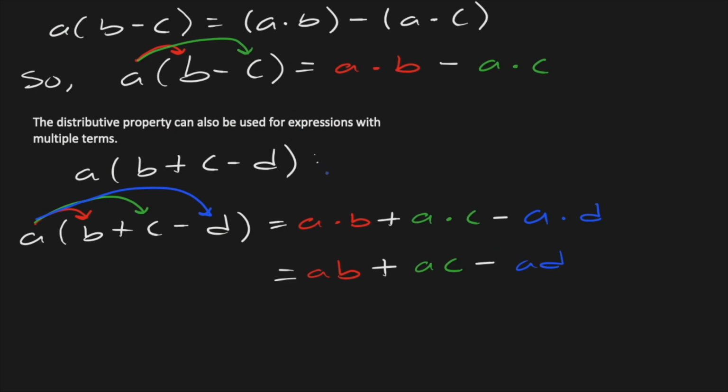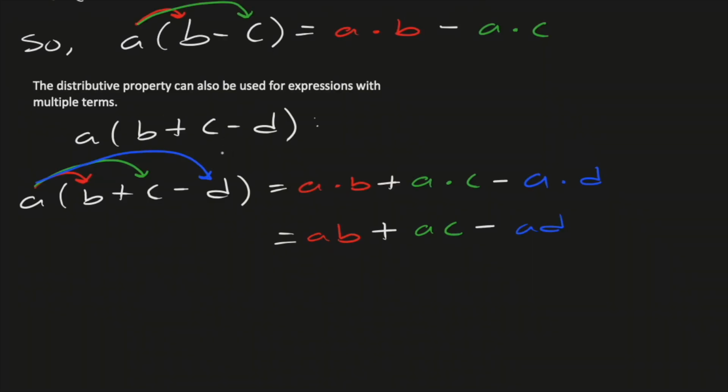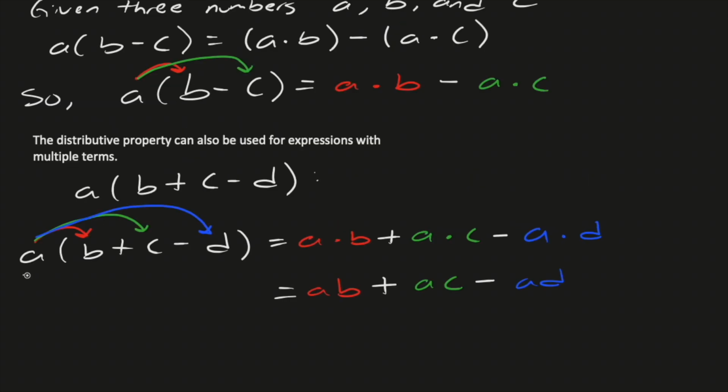So just so you know, in mathematics, you don't always have to write the dot or multiplication sign between the two terms. It is understood that when two terms are beside each other, you are multiplying. So we have just expanded this using the distributive property of multiplication.